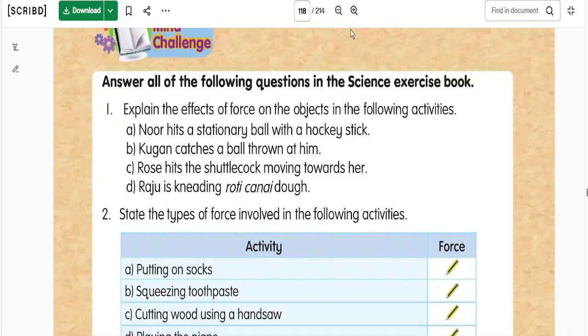Next, C. Rose is hitting the shuttlecock moving towards her. So basically, she hit it back. That means force can change the direction of motion of an object. Absolutely correct. Or speed also, right?